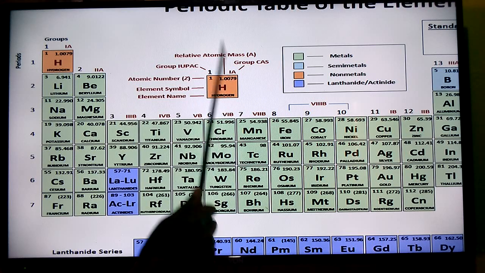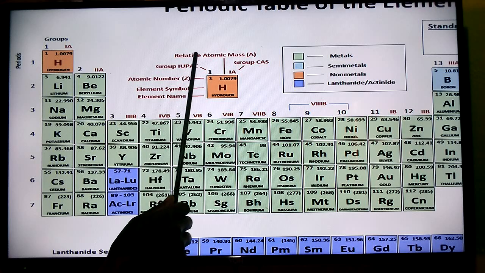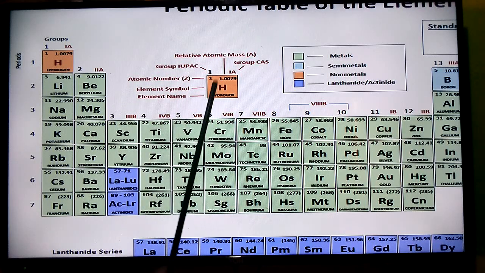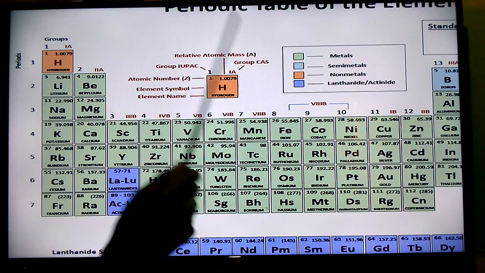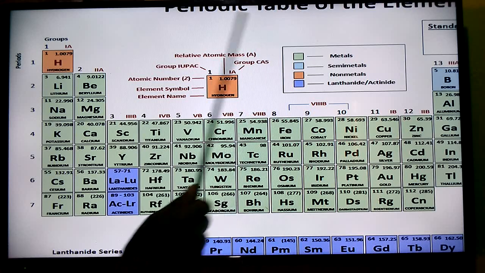Of course, we have looked at this, which is a ratio between the average or mean value of the atomic masses and 1/12 of the carbon-12 isotope. That provides for us the relative atomic mass of individual elements, which has been given the initial A. And then next, we're going to look at what we refer to as CAS.